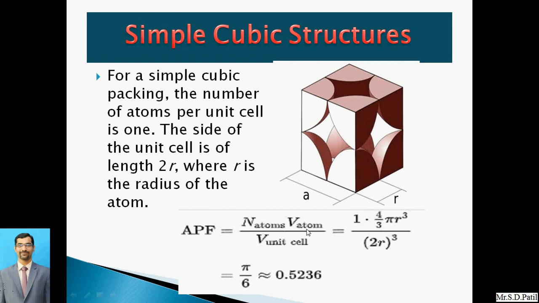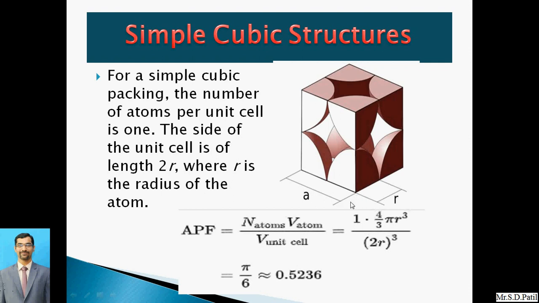Now what is the volume of the atom? Imagine this atom is nothing but a sphere. So what is the formula of volume for any sphere? The formula for volume of a sphere is 4 by 3 pi r cube. Now the unit cell volume we have to calculate.